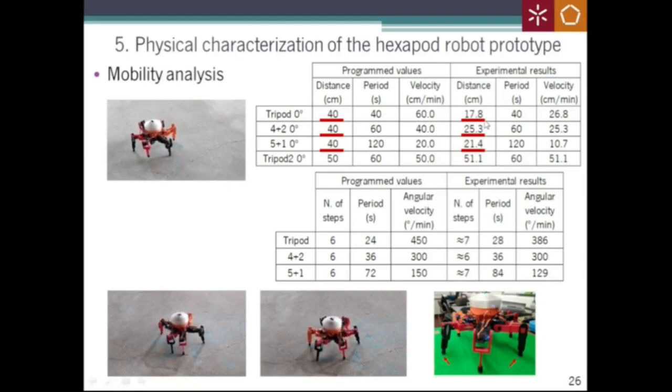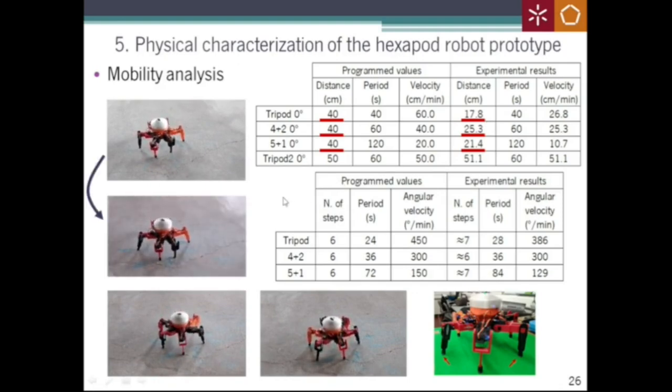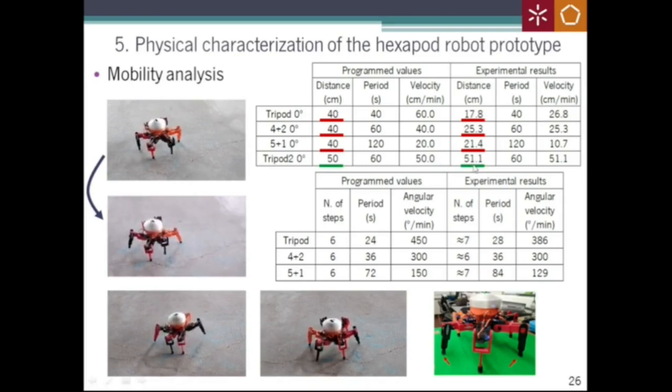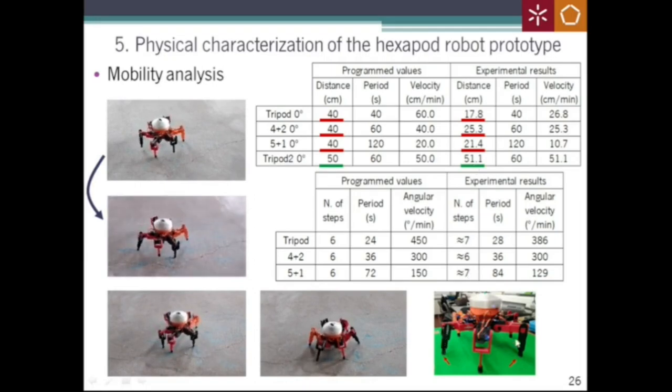In order to verify if the deviations were due to a defect in the mechanical structure or to the type of control, a new type of gait was developed based on posture-to-posture locomotion, obtaining values close to those programmed, which indicates that the control of the robot can be improved. It is also noteworthy that despite the calibration of the servo motors previously carried out, there are deviations in the positions of the legs.